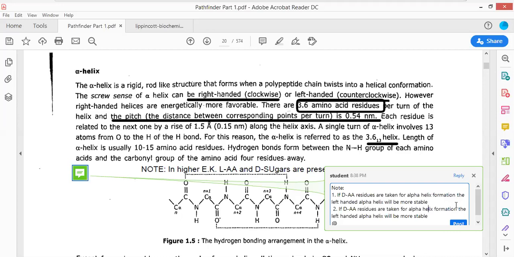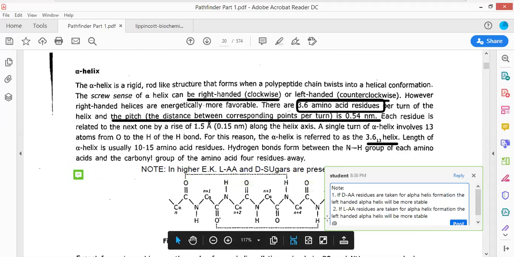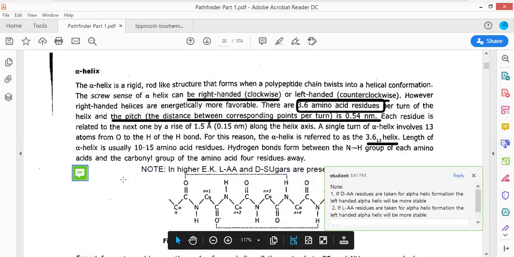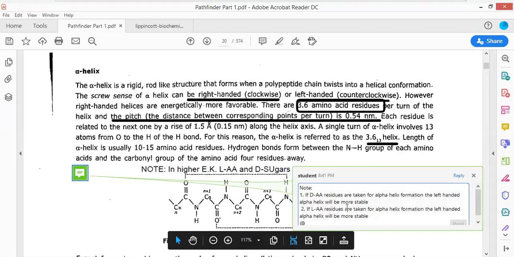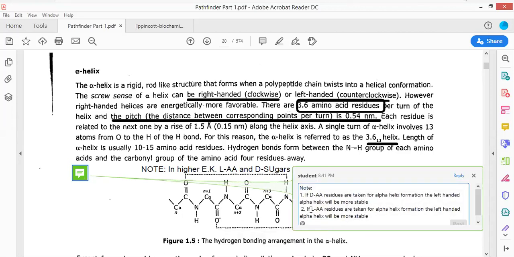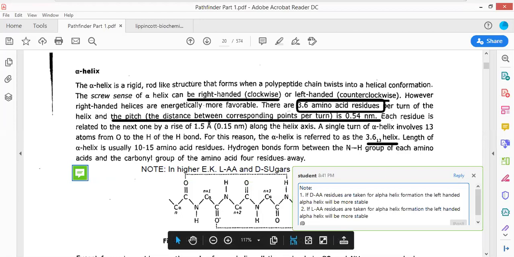So if we are going to take the L amino acid residues, now there are so many intelligent students with us, some may just cut off the first note and then rewrite the second one over it. So do not make such silly mistakes. If L amino acid residues are taken for alpha helix formation, then the right-handed alpha helix will be much more stable.